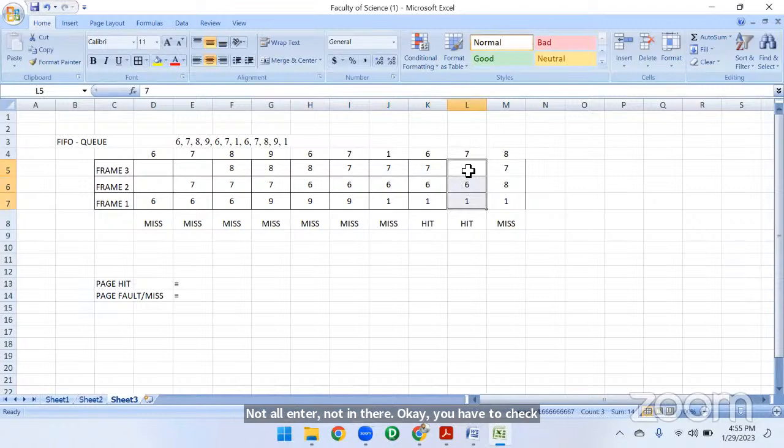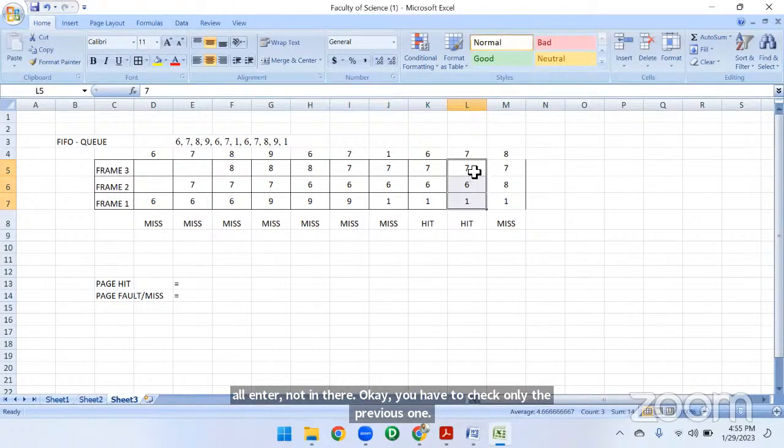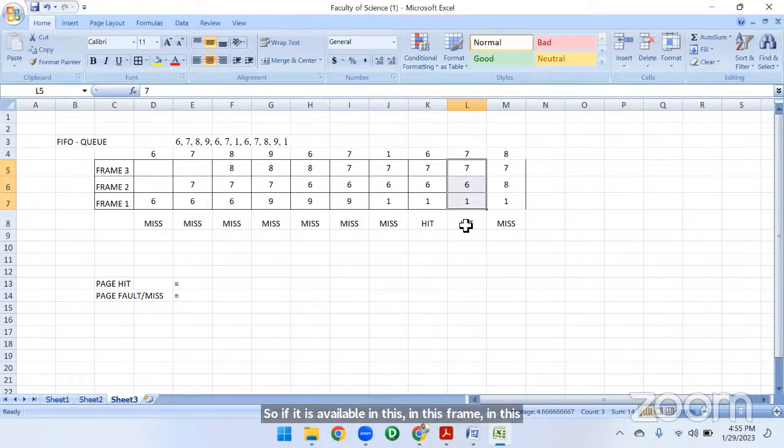If it is available in this frame, then it will be a hit. If it is not available, next you have to check which page is present in the frame from the long period.